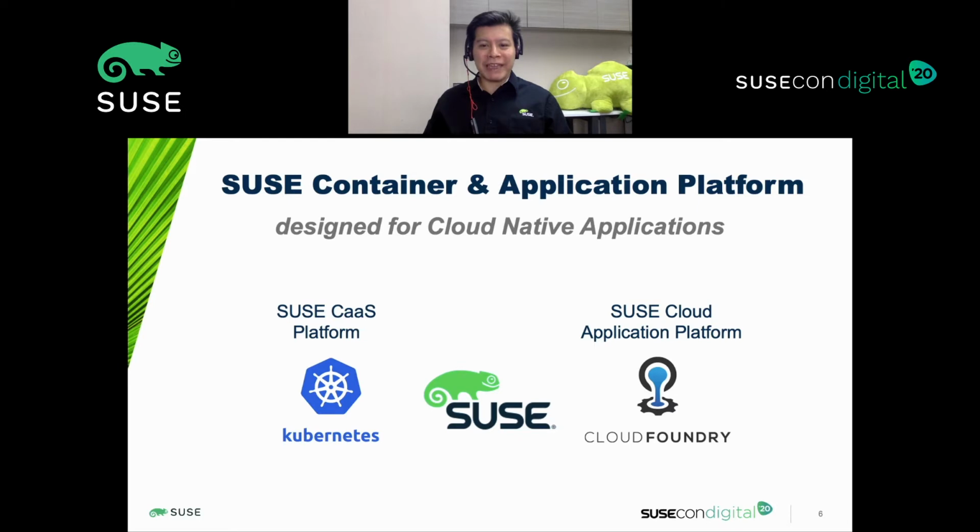SUSE provides container and application platform that leverage the open source de facto container orchestration tools like Kubernetes to host these cloud native applications. What's unique to this solution is that SUSE team brings the Cloud Foundry experience on Kubernetes to boost developer productivity as well.